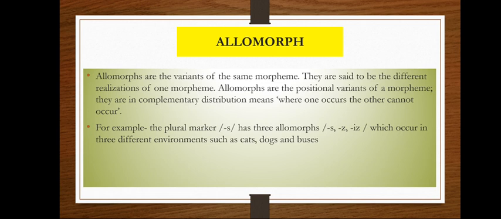S is one morpheme, and it has three different realizations: one is s, one is z, one is iz. Like in books, it is s, like in bags, it is z, and like in buses, it is iz. These occur in three different environments, such as cats, dogs, and buses. Cats is a different environment, dogs is a different environment, and buses is a different environment.